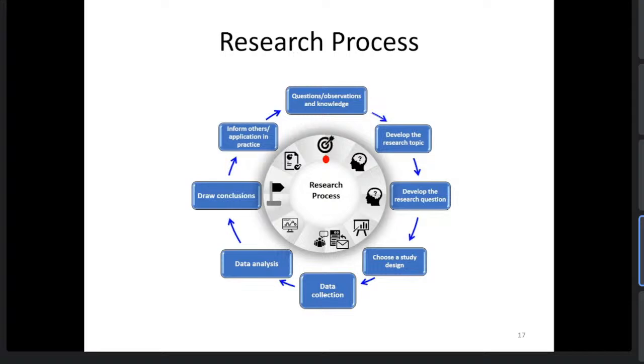Next, data collection, then data analysis, because without data analysis we cannot move a step. After this data analysis, you can draw conclusions based on the results obtained from the data. Then what information we have gathered, and this cycle actually repeats. So in a nutshell, this is in general the process in research. Now move to the next slide.